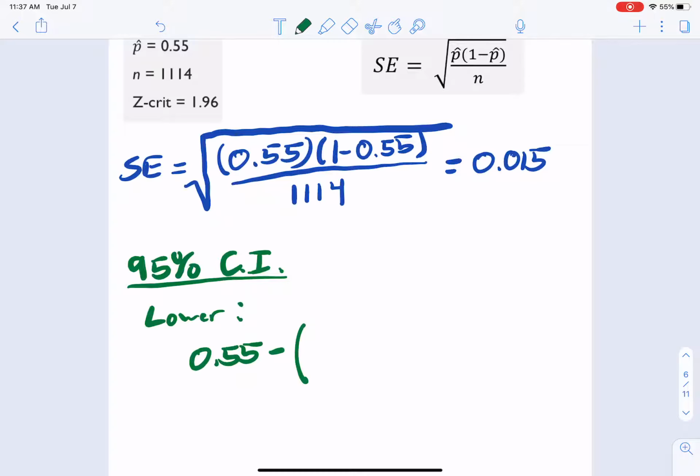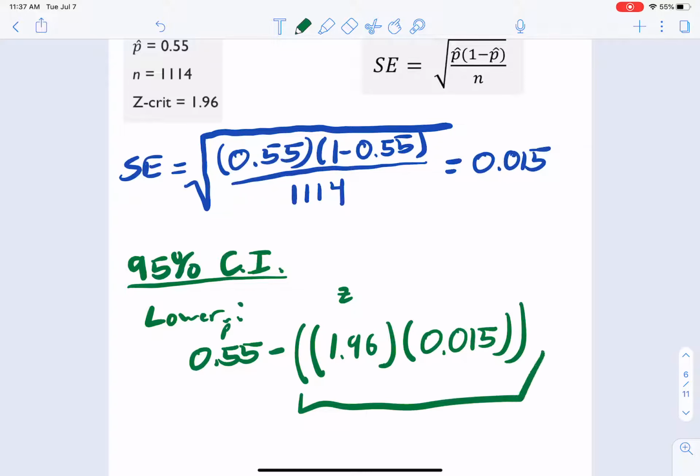This whole side is being multiplied together first, right? So that's going to be 1.96. Okay, so that's the z. This is the p hat. And then our standard error, 0.015. Right, so we multiply these together first and then subtract.